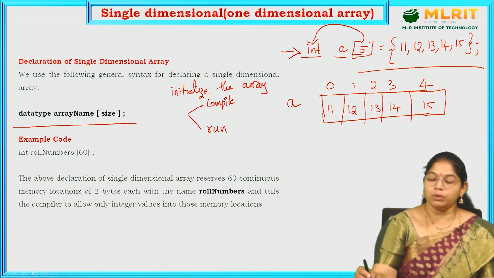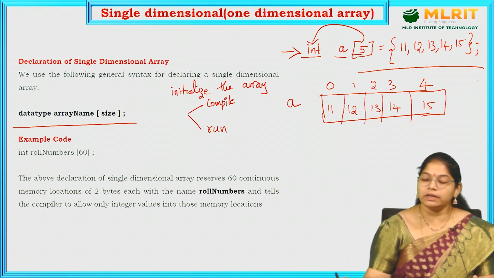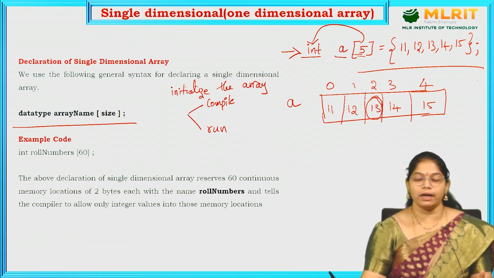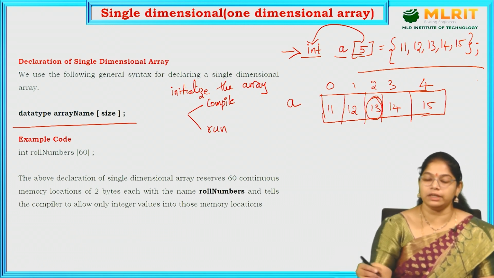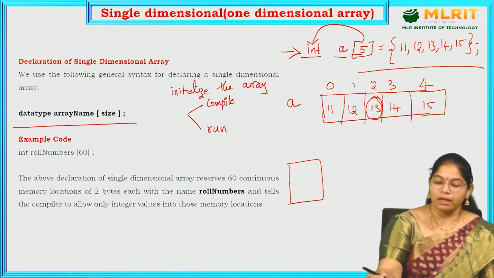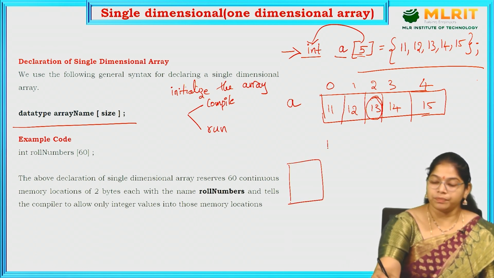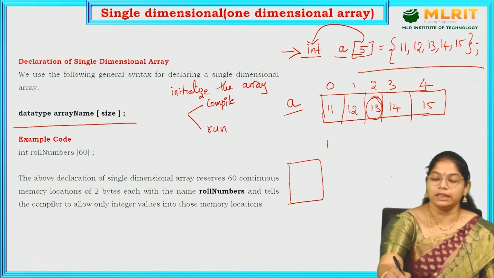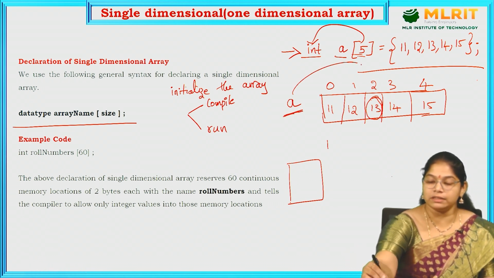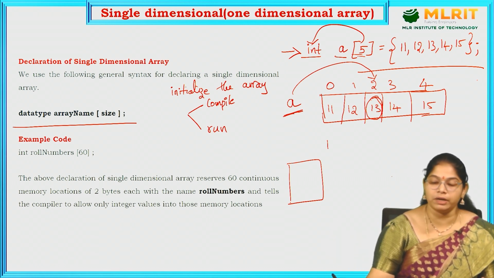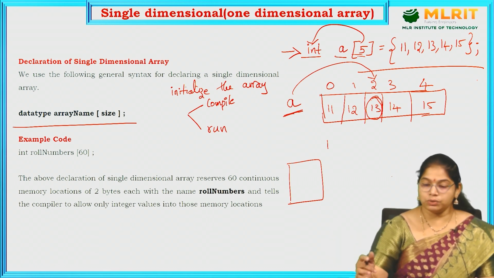If I want to access or print the value 13 on a console window, can we directly print that? No. So what can we do? Where is 13 stored actually? The 13 is stored in the array A, at which index? That is 2. 13 is stored in the memory location A of 2.